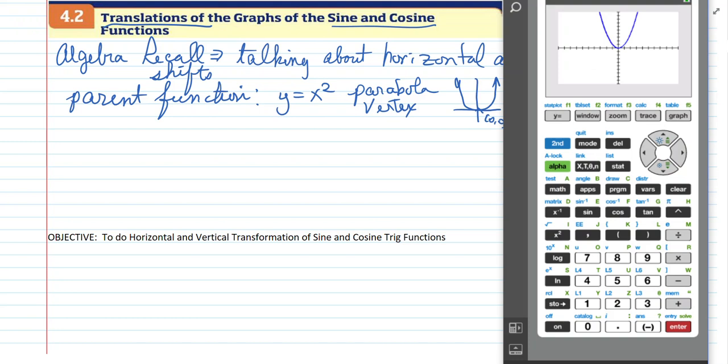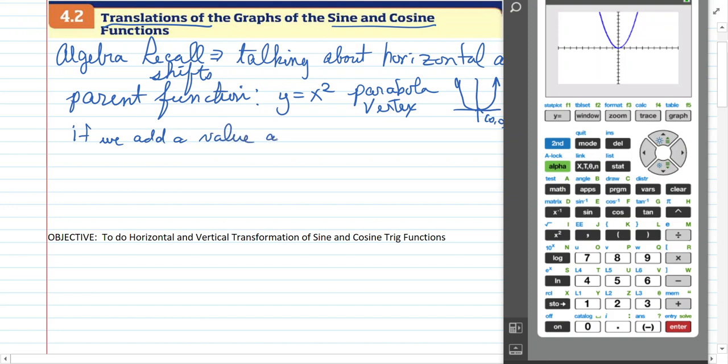Now we know if we add a value after the variable, we get a vertical shift, up or down.